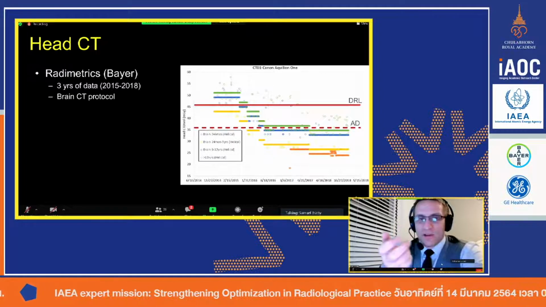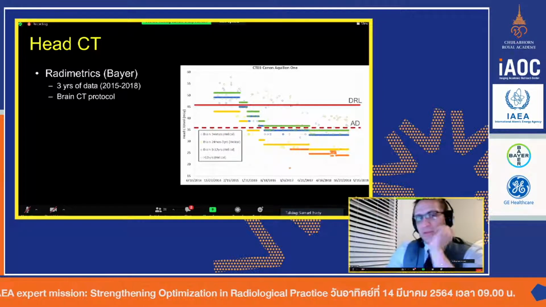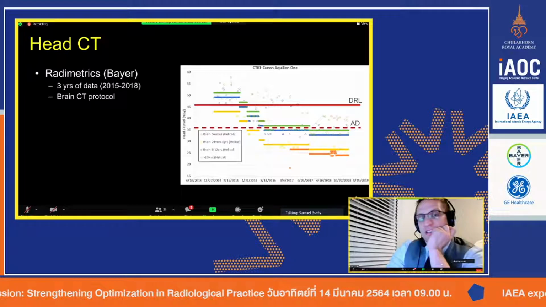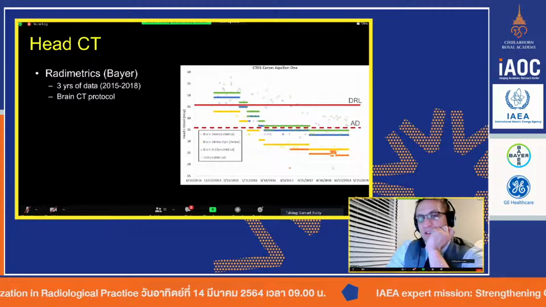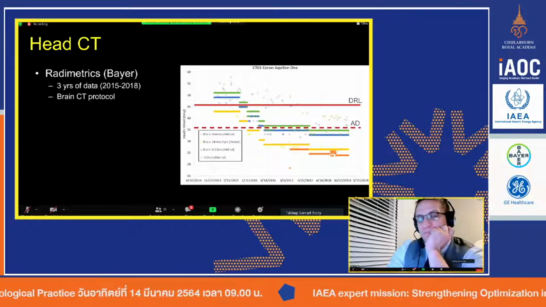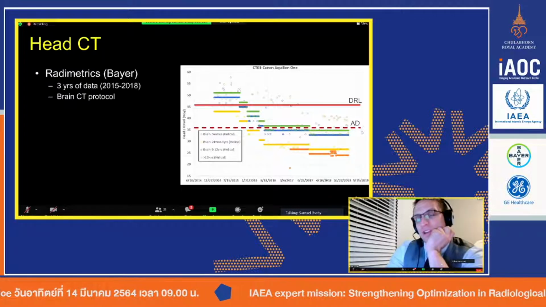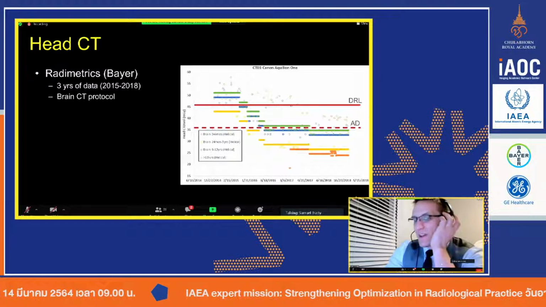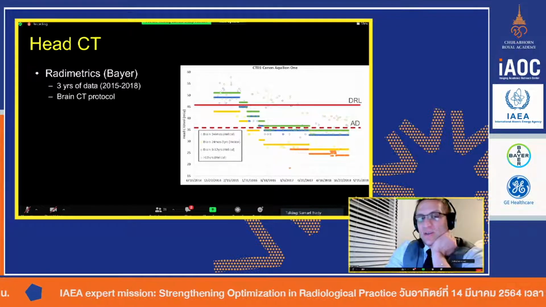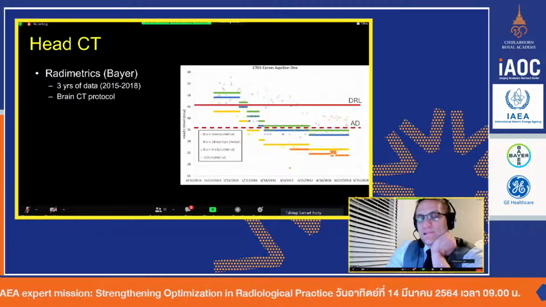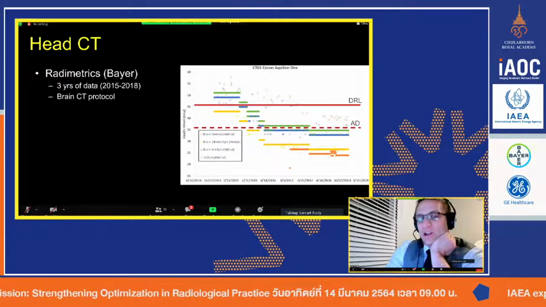So now I'm going to expand this. Up to this point, I was showing you this 2018 data on this side over, so I was showing you our good data. But what happens if I expand it and go back further in time? Now you see all the way back to 2015, we actually had some pretty high values.